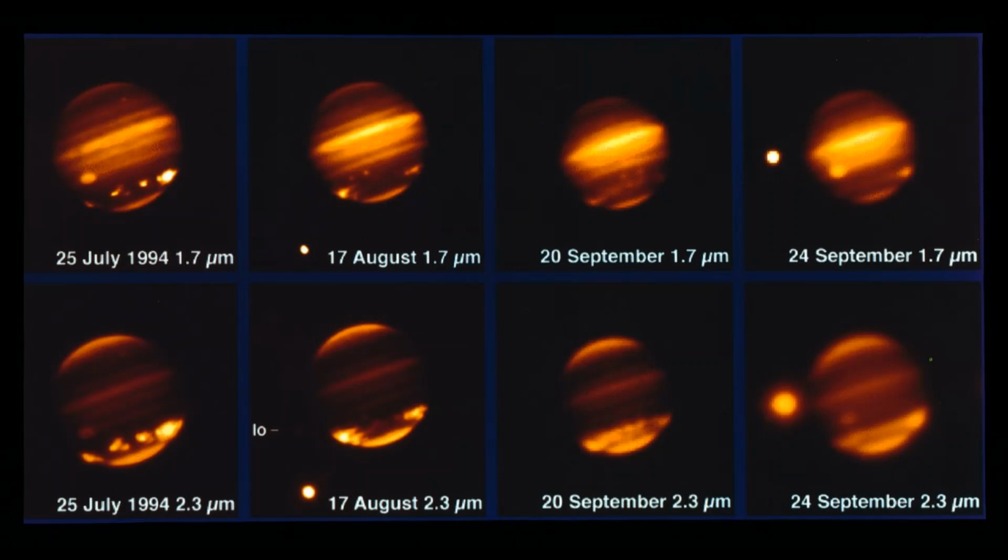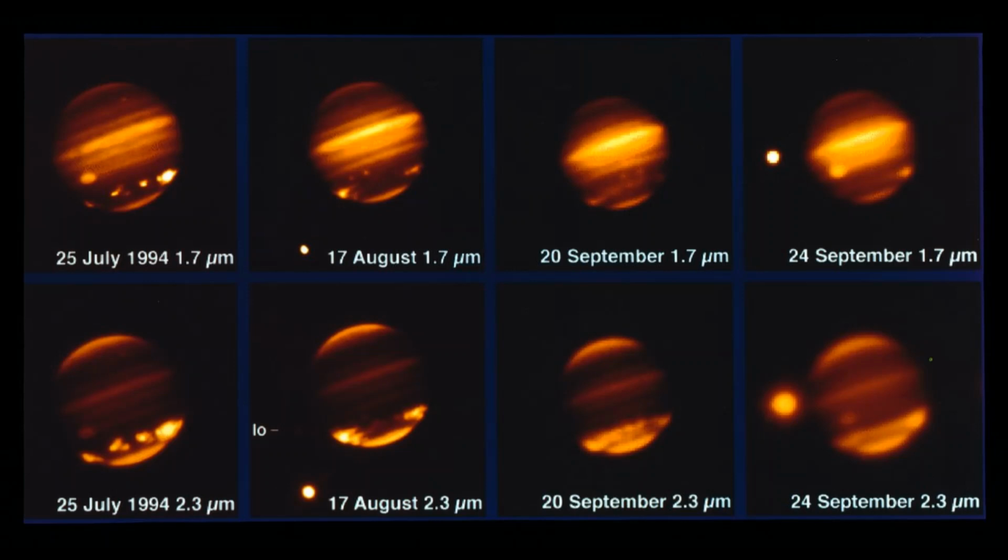Although this comet was very small compared to the planet Jupiter, the collision fireball was bright enough to be seen from Earth through telescopes. This collision led astronomers to discover the secrets of the cloudy atmosphere of Jupiter.